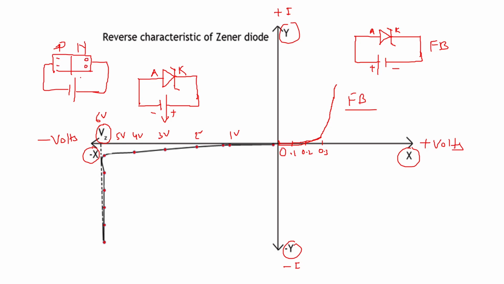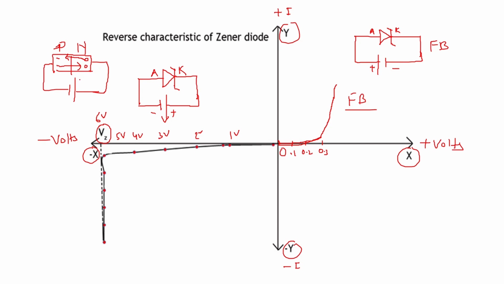For these minority charge carriers, this reverse voltage will act as forward bias. So this tends to move here and this tends to move here. So there will be a crossover and a small current because of these minority carriers, which is called leakage current, starts flowing. So this is the small current we have shown which has started flowing.